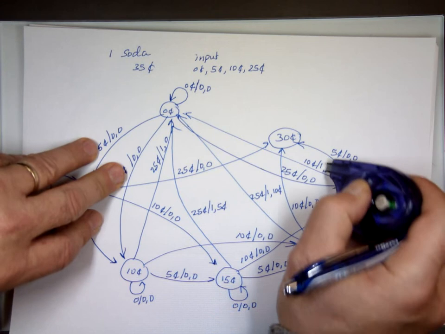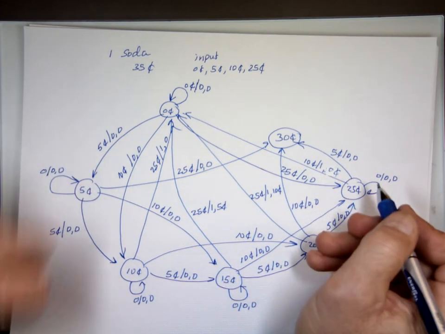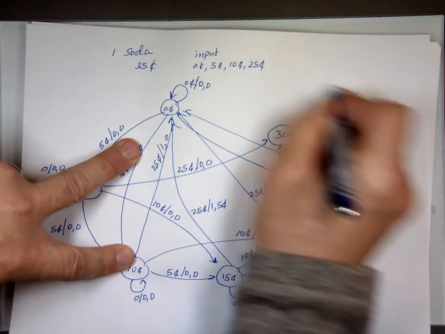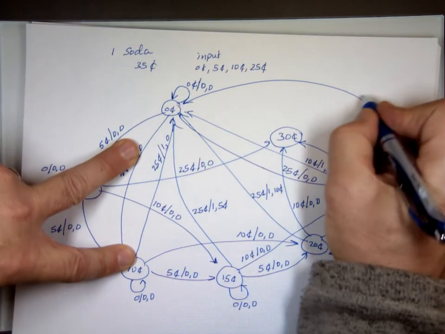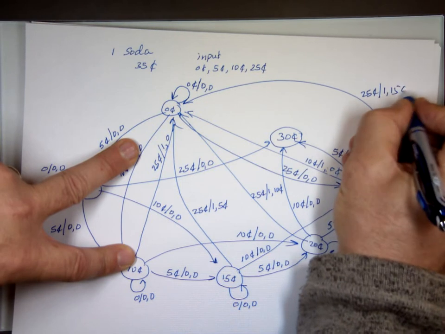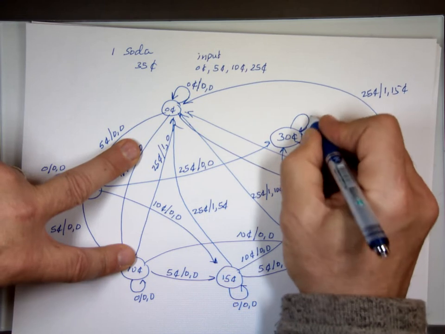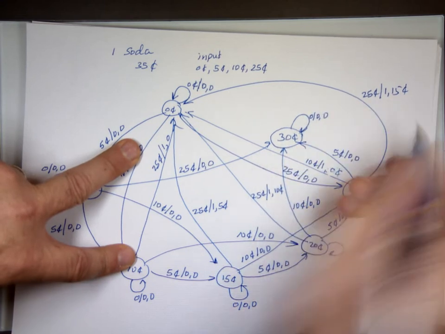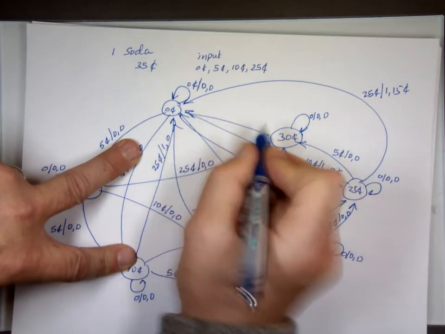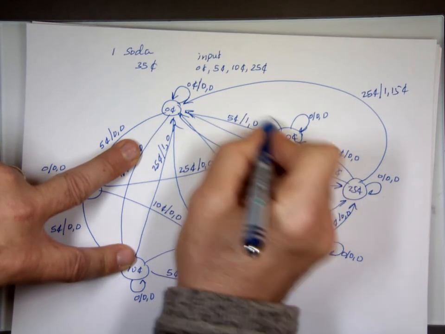And if you put 25 cents, you get a candy and 15 cents back. And if you're here, you put a 0, you stay there. 5 cents, candy, no change back. 10 cents, candy and 5 cents back.